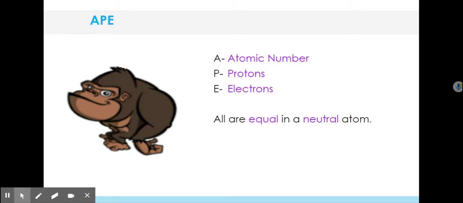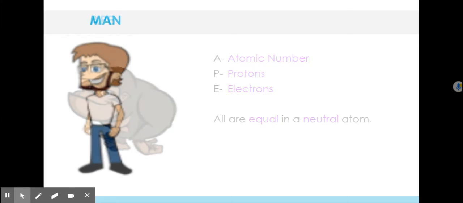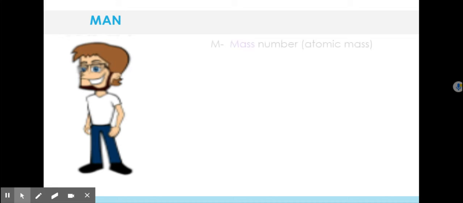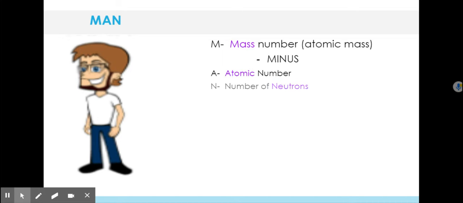Atomic number equals the number of protons and electrons, and all are equal in the neutral atom. So if you remember that, you'll remember atomic number is protons and electrons in a neutral atom. Mass is the mass number or the atomic mass minus the atomic number gives you the number of neutrons.